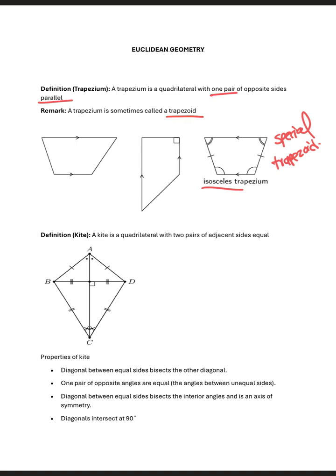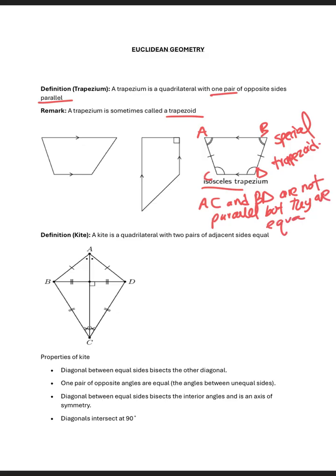So for example, if I name A, B, C, D, the pair of sides that are not parallel, AC and BD, are not parallel, but they are equal.